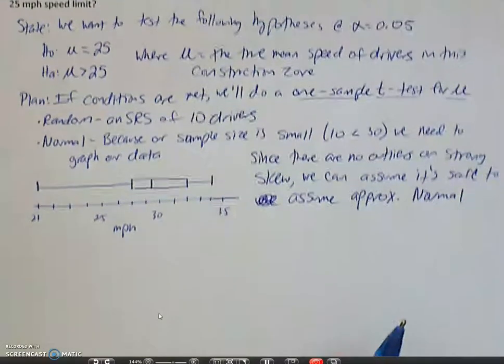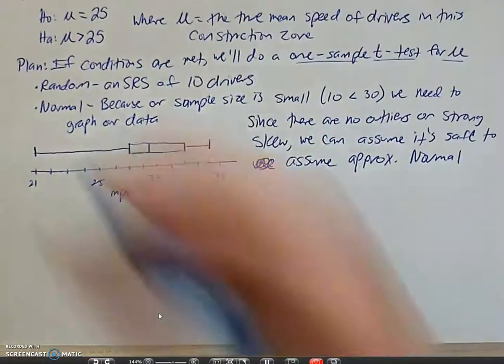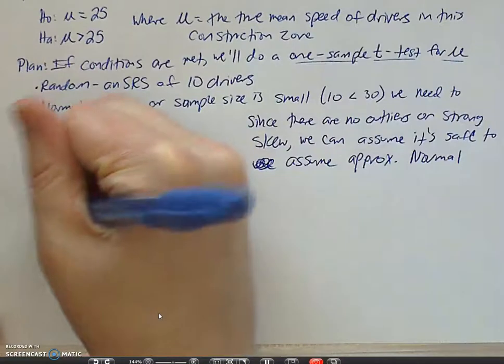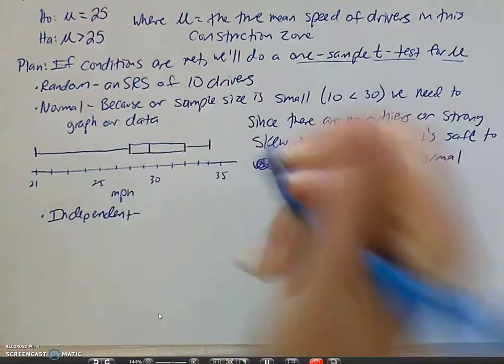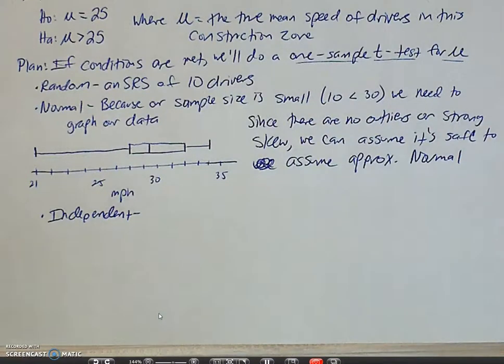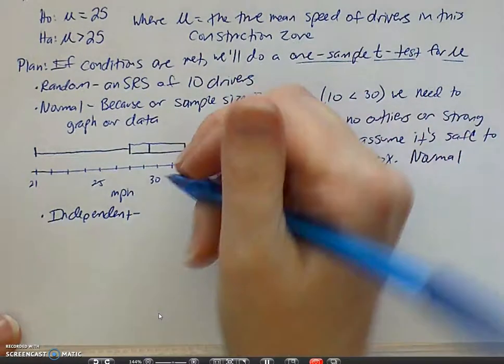So let's go ahead and do the last condition, and that's going to be independent. This was not an experiment, this was a survey, if you will, so we need to check the 10% condition.